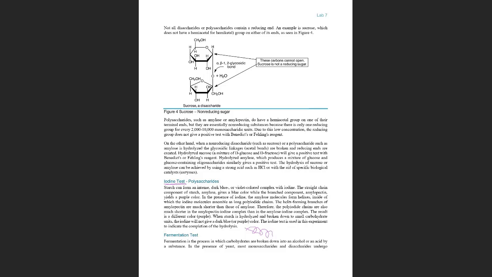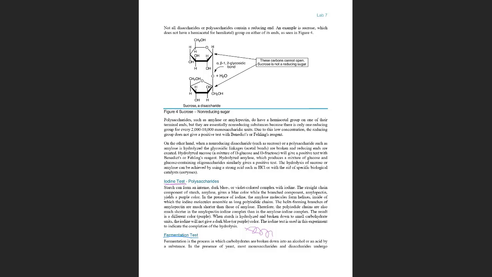And then we are going to perform the third test, that is the fermentation test. Fermentation, you have heard more about it, is the process in which the carbohydrates are broken into an alcohol by a specific substance.